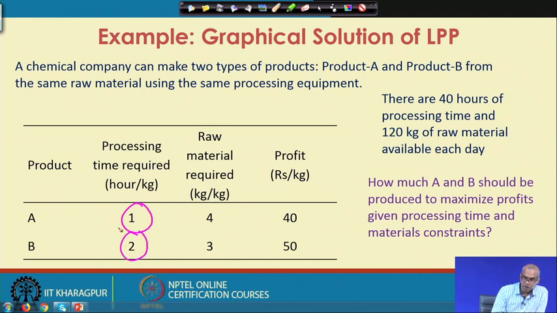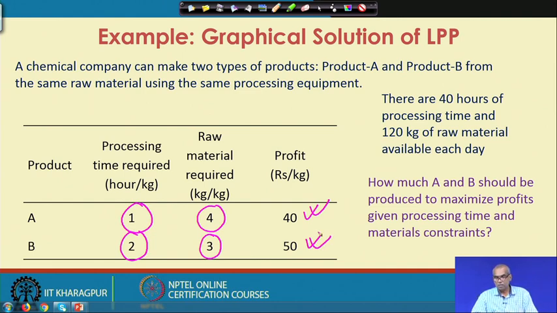The raw material required to produce 1 kg of product A is 4 kg and the raw material required to produce product B is 3 kg. The profit associated with 1 kg of product A is rupees 40 and the profit associated with 1 kg of product B is rupees 50.